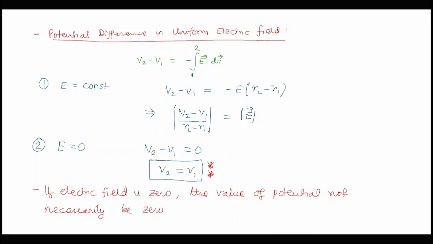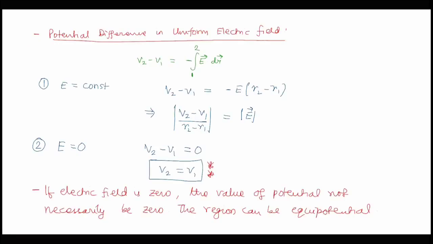The region can be equipotential, that is V2 is equal to V1. Although there is a possibility that V2 is equal to V1 is equal to 0, but that is one of the many possibilities that are there. But we say that if the electric field is 0, the region is equipotential. Let us move to the next point.